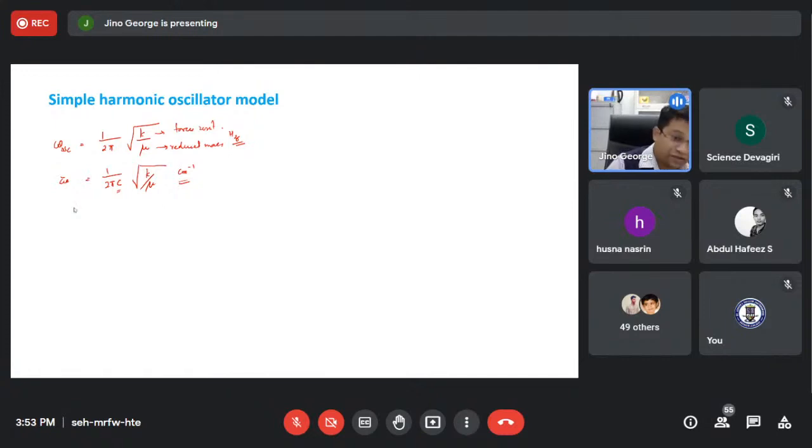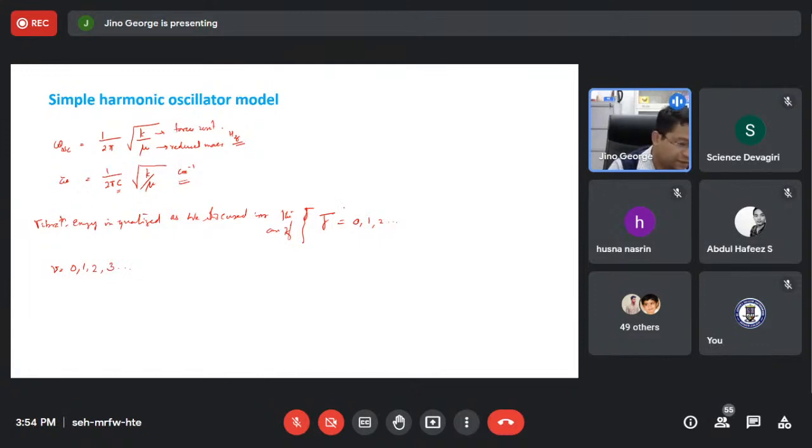Okay, so vibrational energy is quantized, as we discussed in the case of J. In the case of J, we have values J is equal to 1, 2, 3, etc. Here we also have the same possibilities: 0, 1, 2, 3, etc. So this is called the vibrational quantum number and this is called the rotational quantum number.